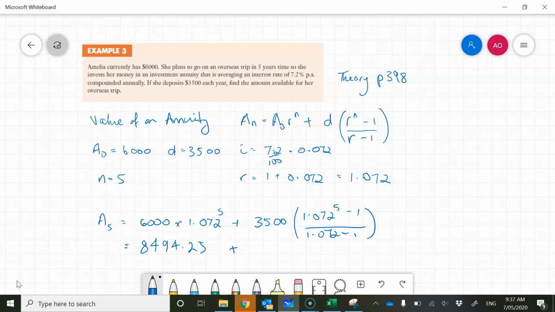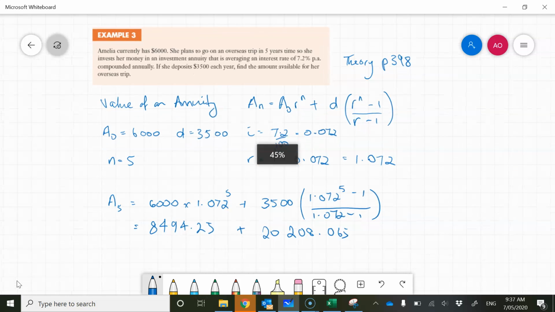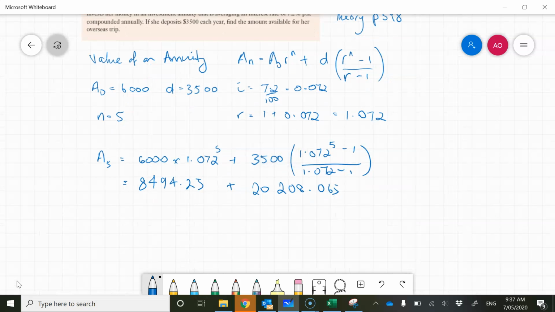Put that in my calculator, I get $20,208.65. Let's just leave that. So just sliding up a fraction so I can finish that off.